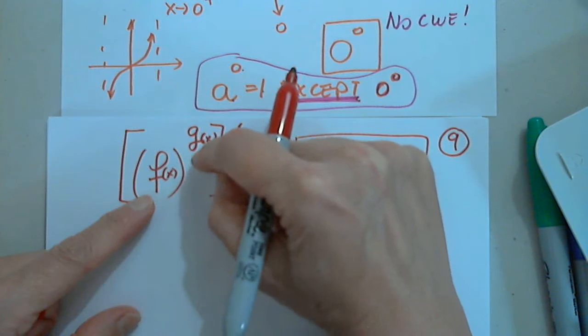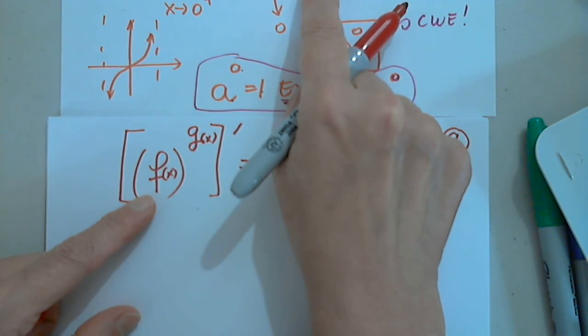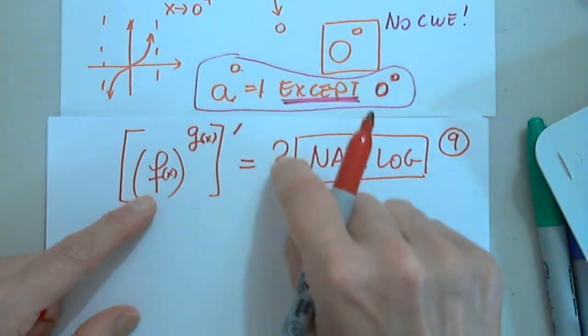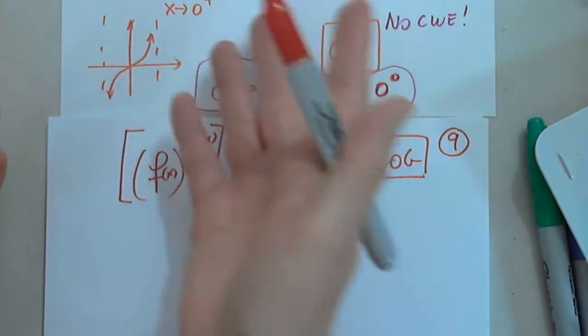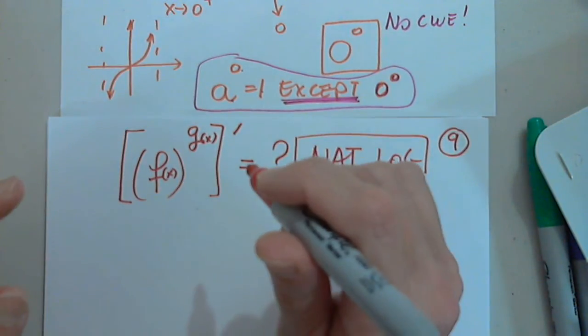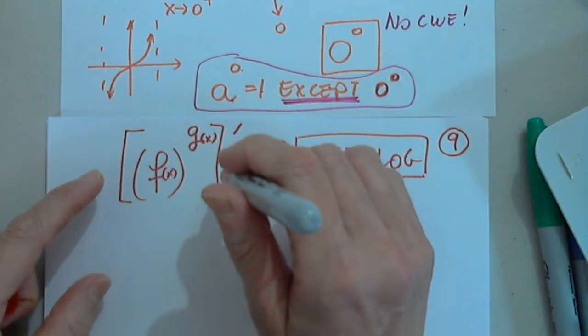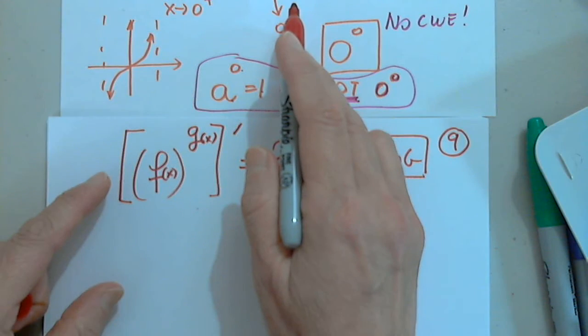Function raised to a function. That's why I wanted to connect these two. Of course, it's not the same thing. This is a limit. This is a function differentiated. But we applied the same procedure. We applied log first. That's exactly what we're going to do here.